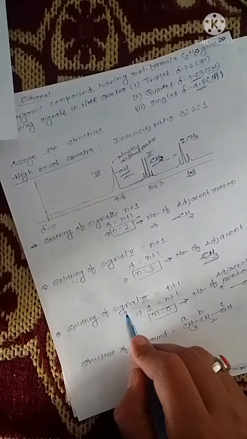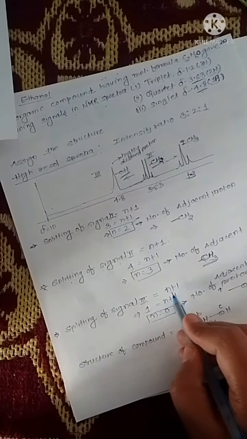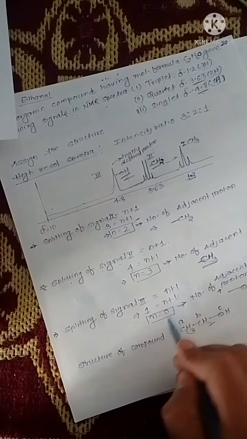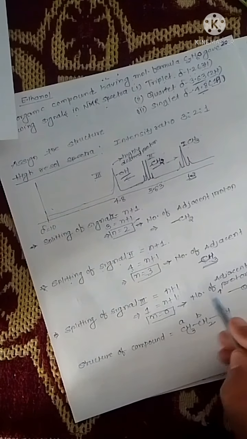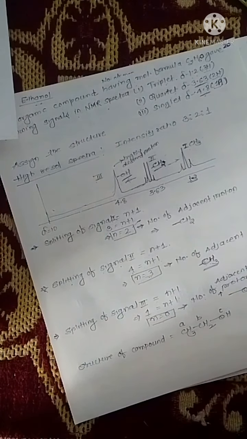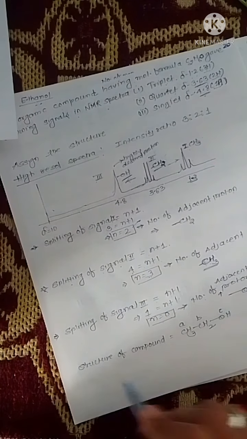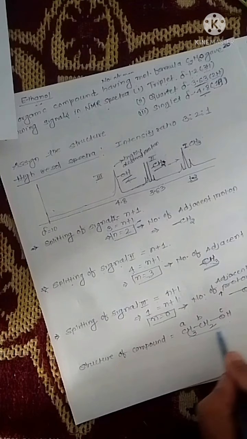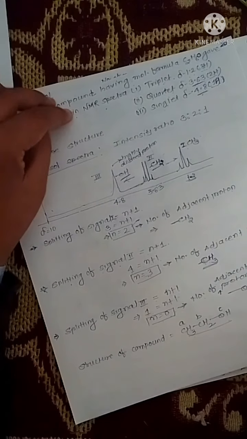Now the splitting of signal 3 is equal to n plus 1. So 1 is equal to n plus 1, so n is equal to 0. That is, the number of adjacent protons is 0. So the structure of the compound is CH3CH2OH. How do we write this? Just see here.